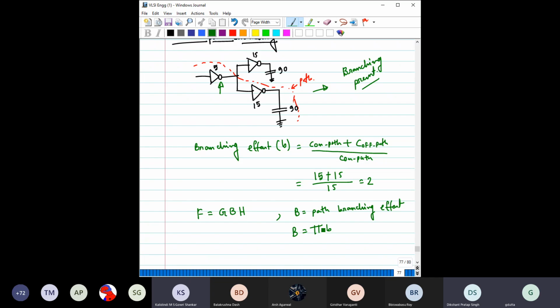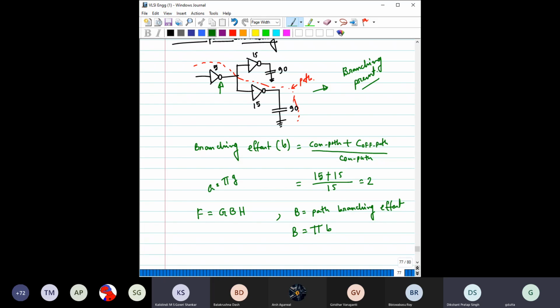Like we have seen the total G, this G is equal to pi of G, right? So this is a simple example which shows what we have to do if there is a path branching present in the path.